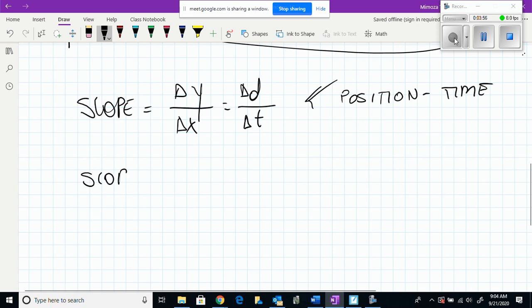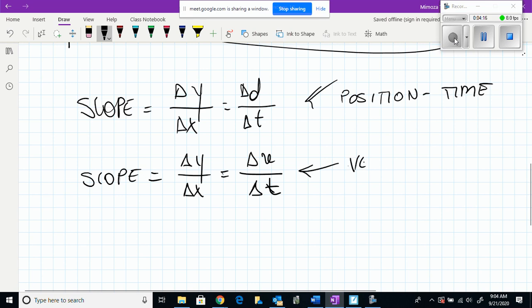And when we are calculating the slope for the velocity to find the acceleration, then again it is delta y over delta x: whatever is on the y-axis is the velocity, and whatever is on the x-axis is the time. So this is when we are talking about the velocity time graph.